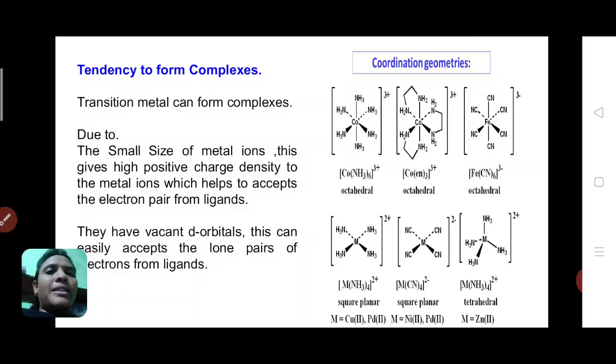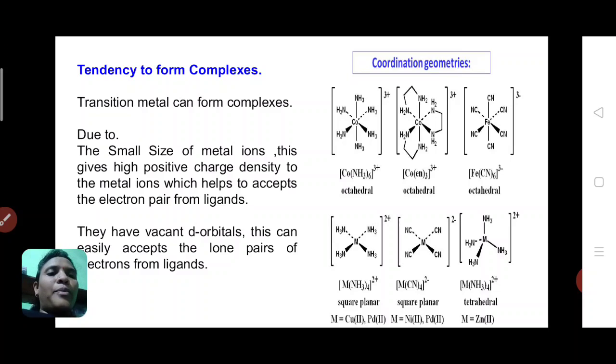Then we studied the tendency to form complexes. There are two reasons for the formation of complexes by transition metals. These transition metals have a small size of metal ion. Due to the small size of the metal ion, they have high positive charge density.